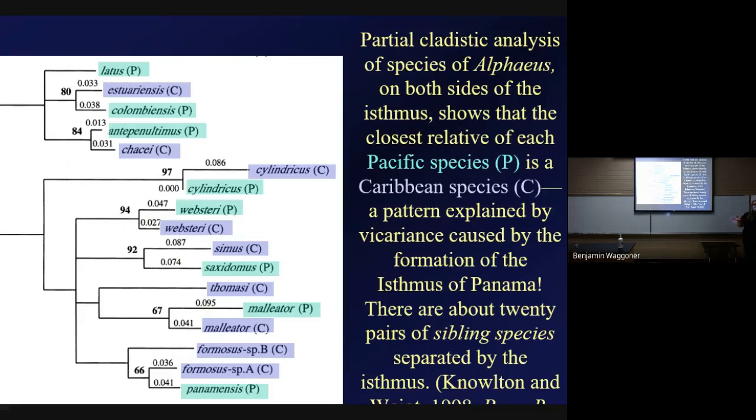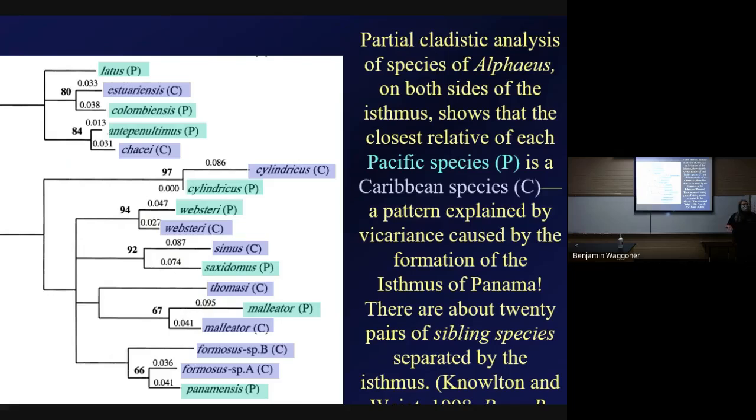And the simplest explanation is there used to be 20 ancestral species of snapping shrimp. And then the isthmus formed, and each of those 20 species of snapping shrimp got split into two, into Caribbean and Pacific populations that were no longer able to mingle.